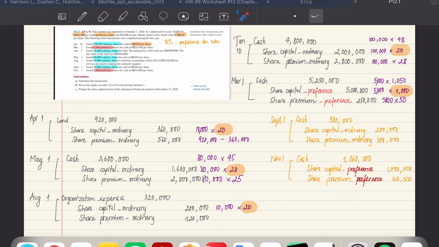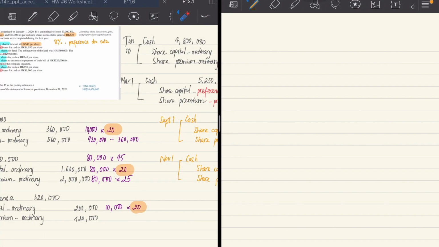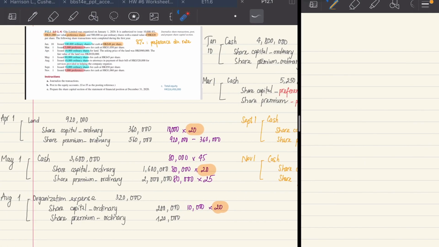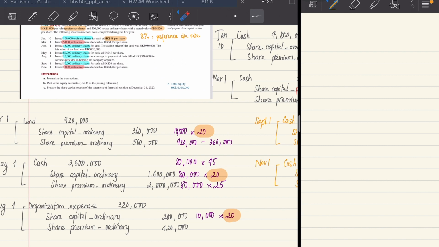Okay, and for the second part, they're asking to post to the equity accounts and use J5 as a posting reference.